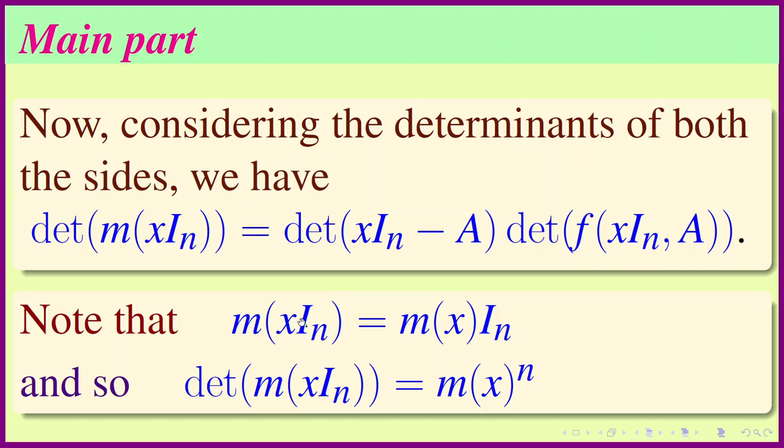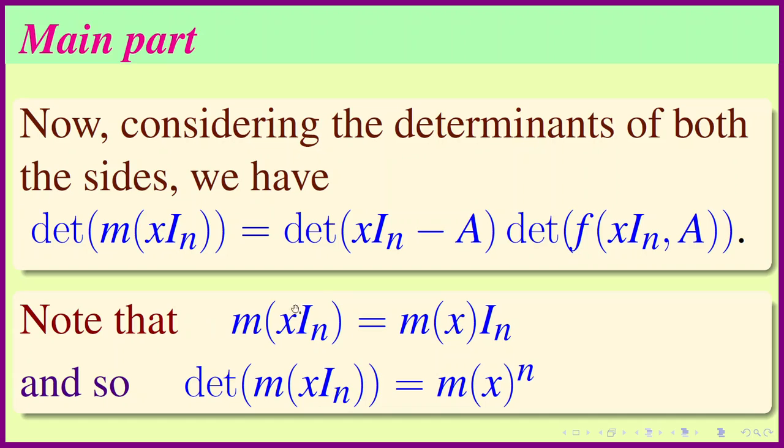Note that M(XIn) is actually equal to M(x) times In, that means a diagonal matrix whose diagonal entries are M(x), M(x), M(x) down the diagonal. And so its determinant will be M(x) to the power n, where n is the size of this identity matrix.